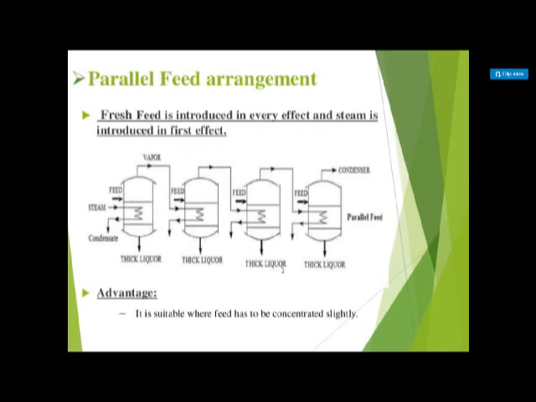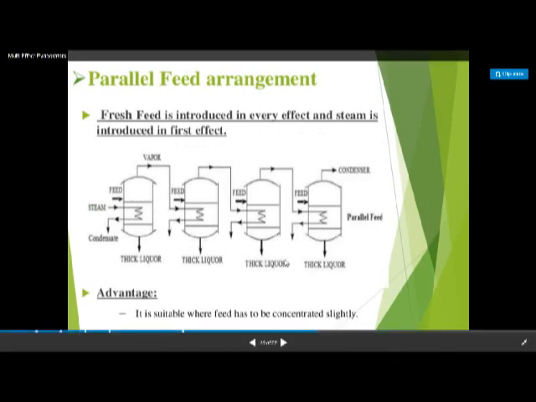In the parallel one, the number of effects are used, and steam is introduced into the first one. Vapors of the first one are used as vapors for the second one, then the third one.